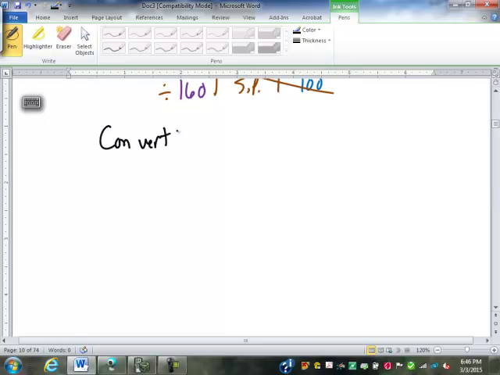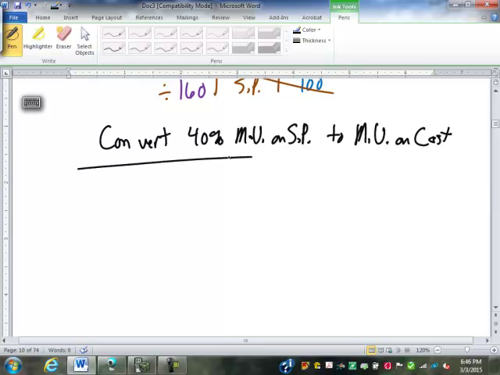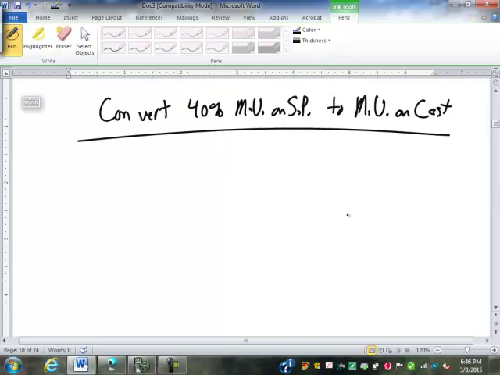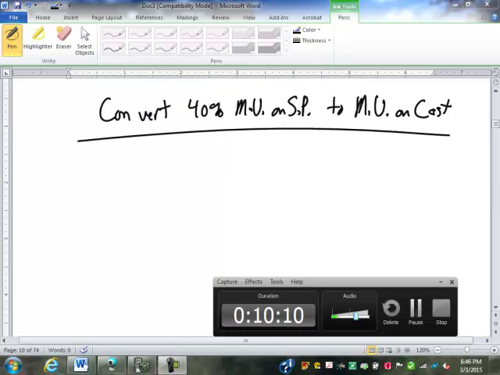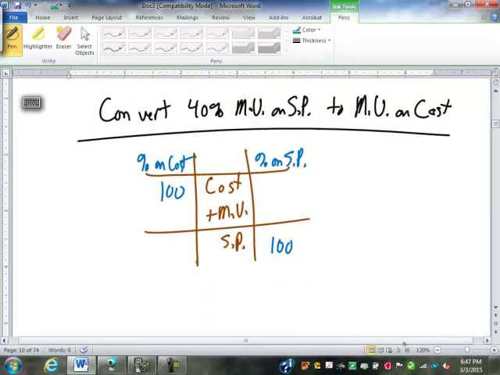Convert 40% markup on selling price to a markup on cost. So where's the 40 going to go? Selling price side, so right here. What else are we going to fill in?